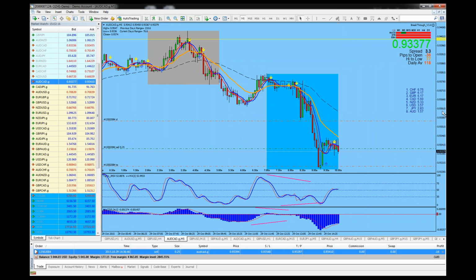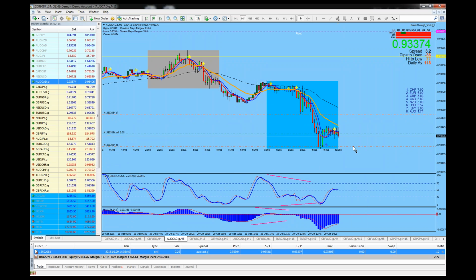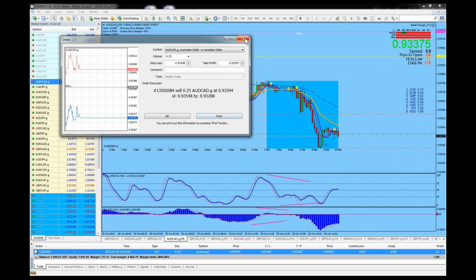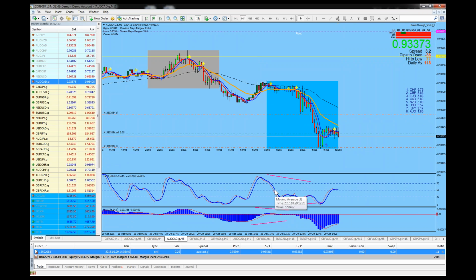Let me see here. I don't remember what the stop loss was. This take profit was 10 pips, so let me just move it down to 10. And again, it's got room to move, and that's what I'm looking at. This is solid red.